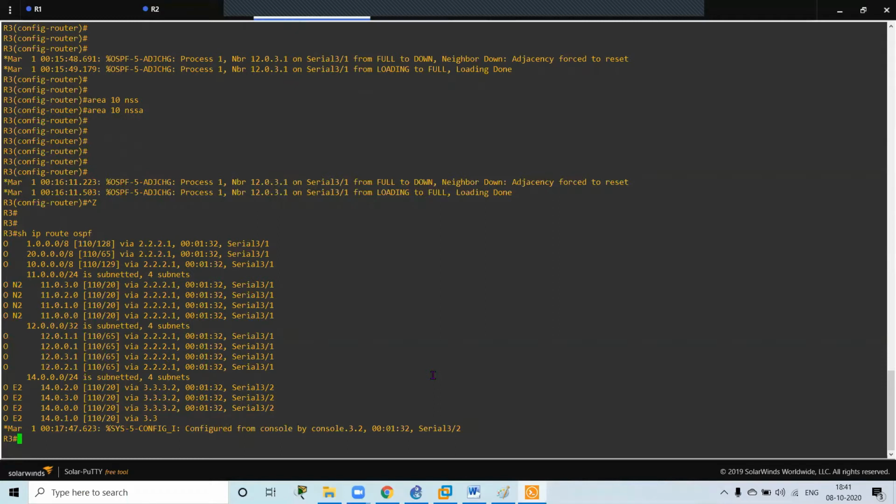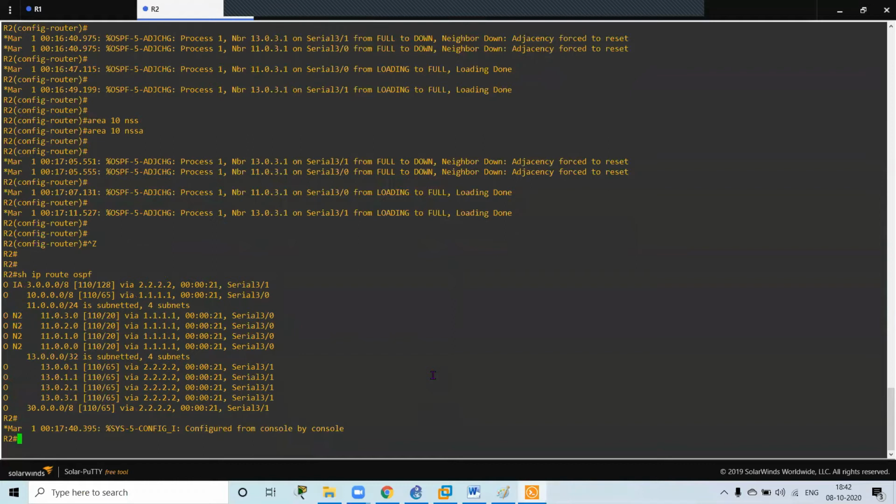That is, R3 has the external routes for 14.network and it is my ABR router. Now no external routes and no default route are coming on R1 and R2. Correct? For 14.network, neither is there the 14.network, nor is there a default route. Okay. So by default, NSSA will not generate a default route.